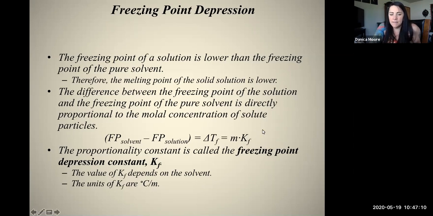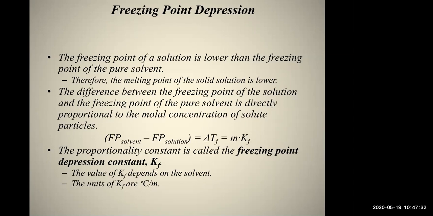This K is called the freezing point depression constant. There's tables with those. Most of the time when we're doing problem solving, we're probably just going to be using water, and that will always be given to you. What does little m stand for? Molality.